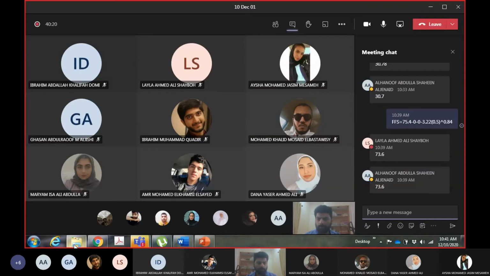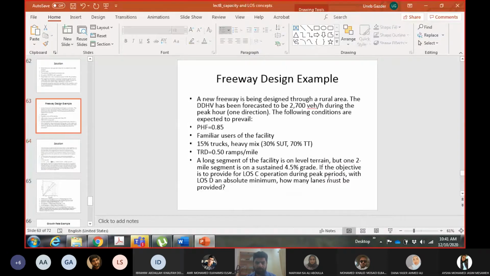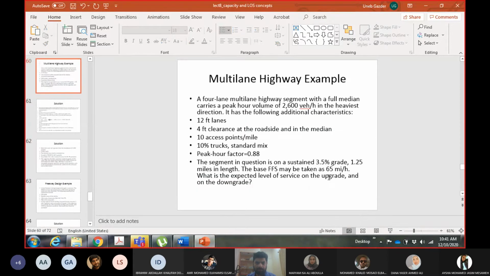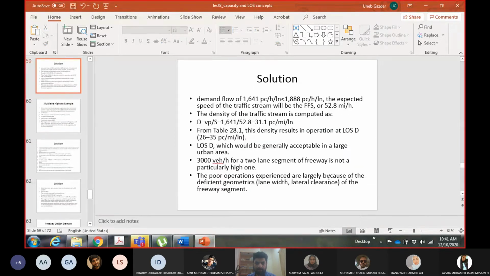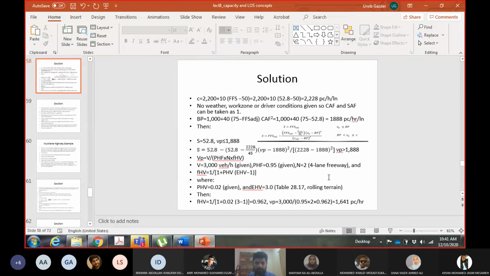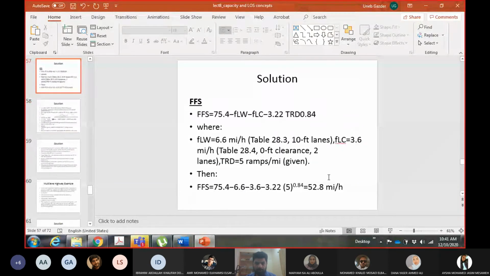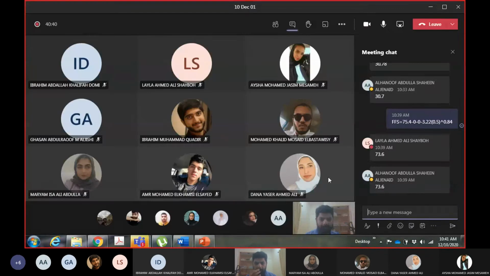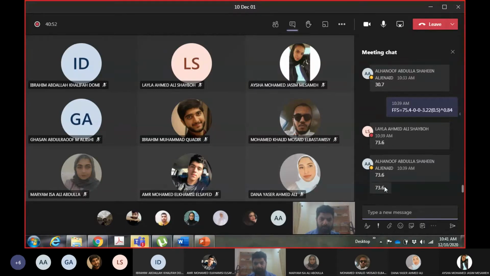I'm using the same equation, right? So is this value correct, 73.6 or 74.8? Because this will change everything else.